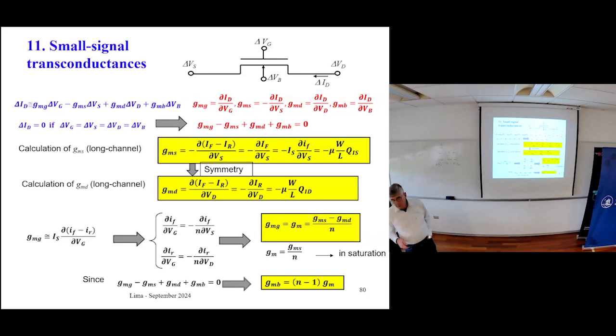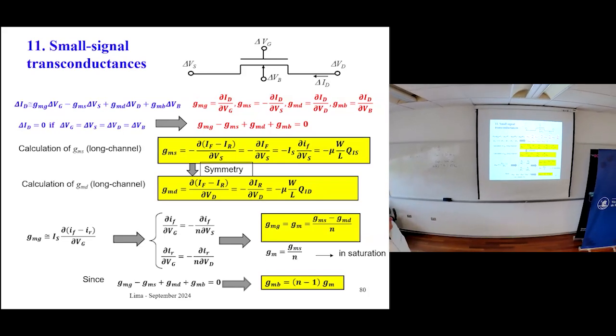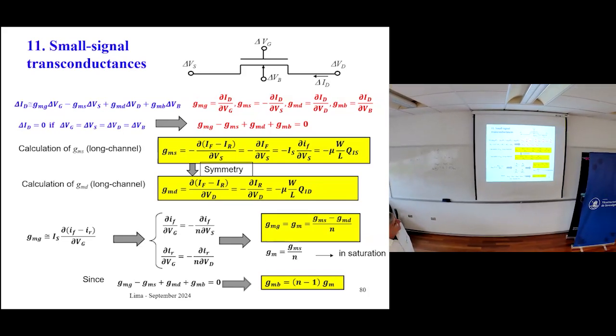What happens if you make all the variations equal? Suppose that you have the MOSFET with constant voltage at each node. Now you move all the voltages by the same amount. What happens to the current?